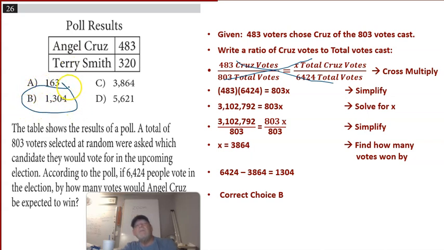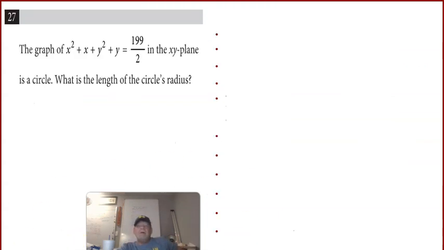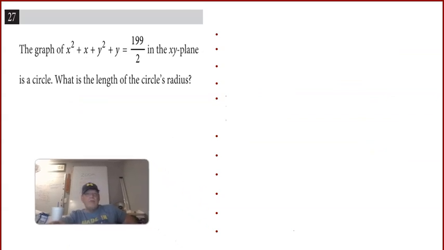And number 27, which is the last one in Module 3, is a much more difficult, much more complicated problem because it is going to use lots of issues that you had and things you were taught in an algebra, possibly a geometry, possibly an Algebra 2 class.